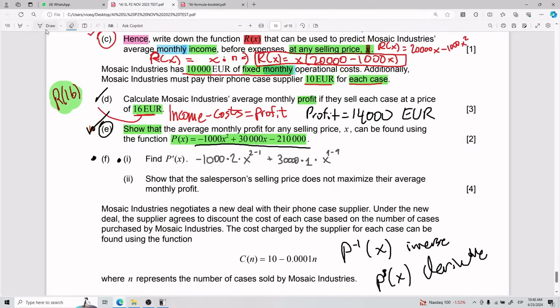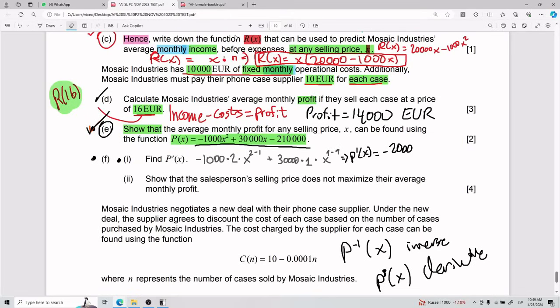From here, what you end up with is the derivative of p of x is going to be negative 1,000 times 2, so negative 2,000, not 20,000, sorry. I'm definitely not too concentrated today.